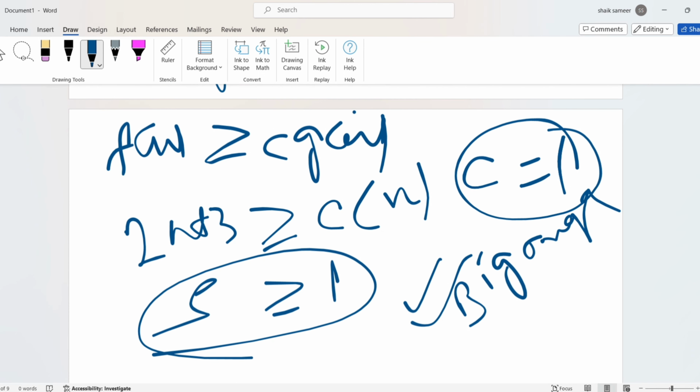We have to concentrate on constants. When a notation problem is given, observe the definition of that notation very carefully and solve according to it, and prove what is asked, whether f of n is greater than or equal to c into g of n, or less than c into g of n. Observe that point carefully and solve like that.